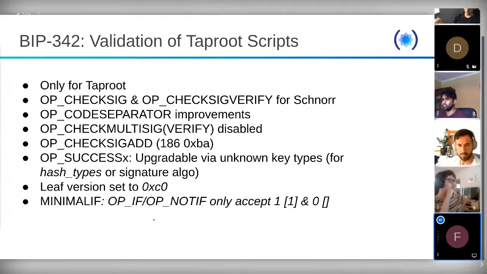And then finally, maybe something interesting for us is that if you do end up using OP_IF or OP_NOTIF, then you only accept 1, which is an array with 1, or an empty array on the witness. Because at the moment, OP_IF is valid with any positive number, and OP_NOTIF works with 0 and empty. So it's called minimalIF, just to avoid any script bugs.